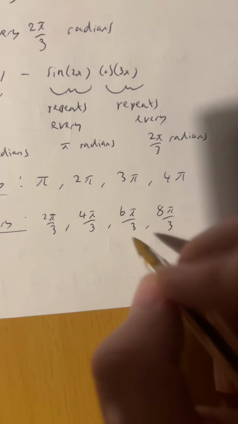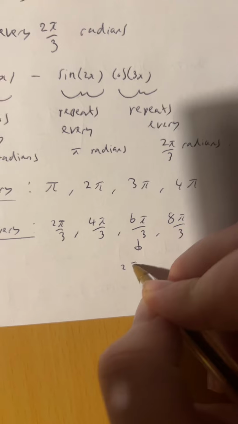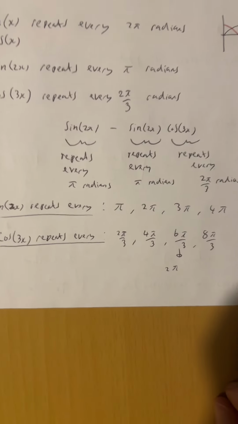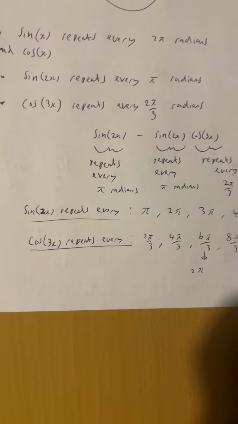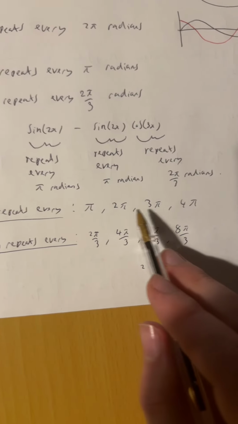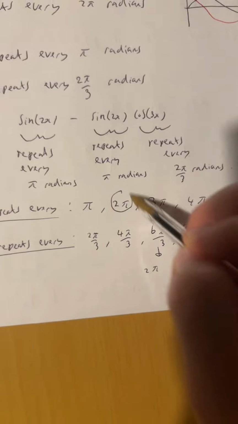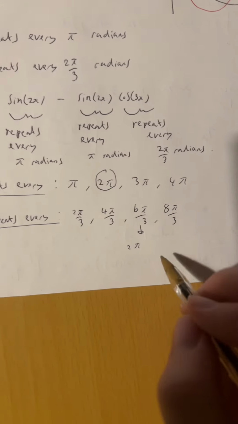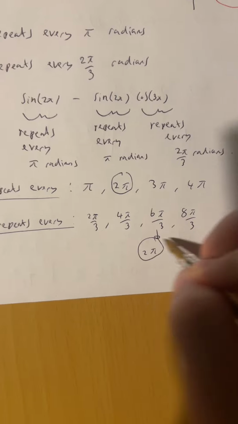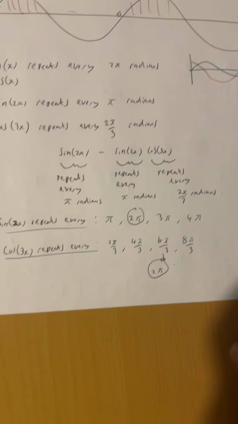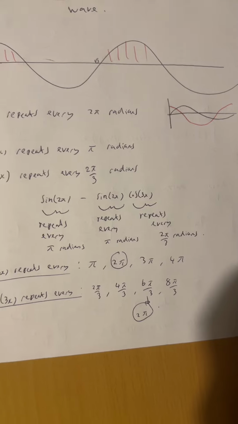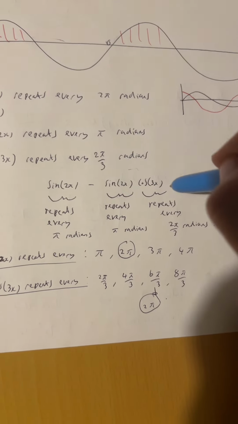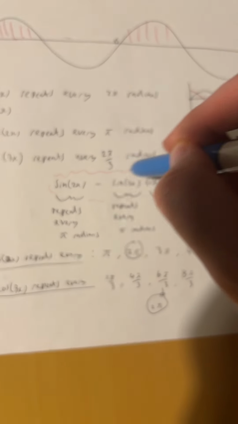That there is going to be 2 pi. We have a lowest common multiple. So the sine 2x wave repeats every 2 pi radians, and so does this cos 3x graph. It also repeats every 2 pi radians. So that tells us that this wave repeats every 2 pi radians.